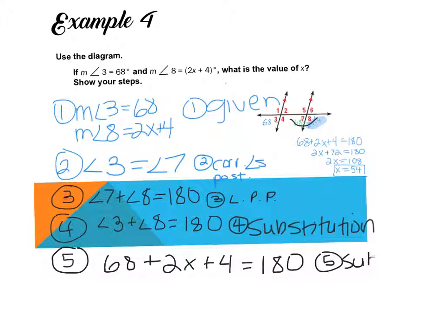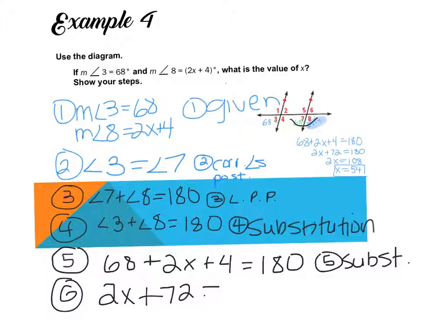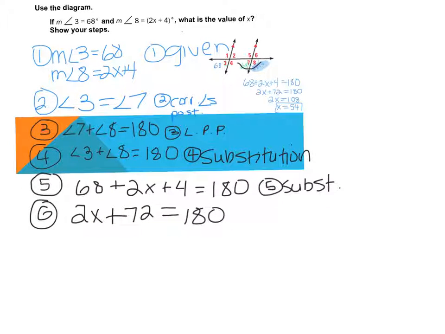Because I replaced the 3 with 68 and the 8 with 2x plus 4, which in the given I said was what they equaled. And then I could say, okay, this would be 2x plus 72 equals 180. What's that step? Simplify.